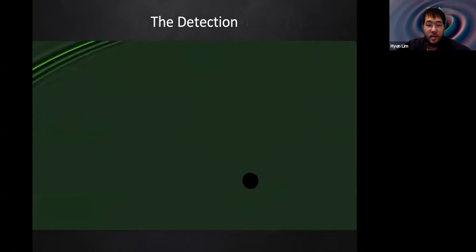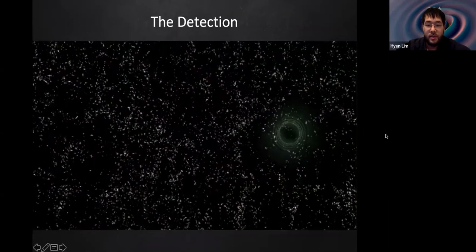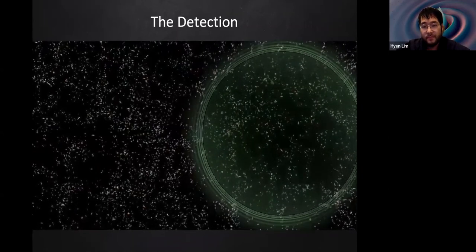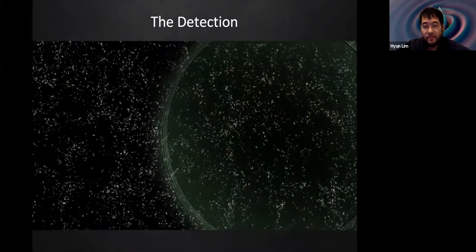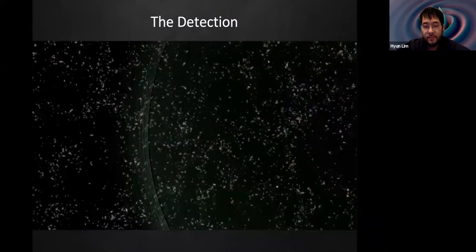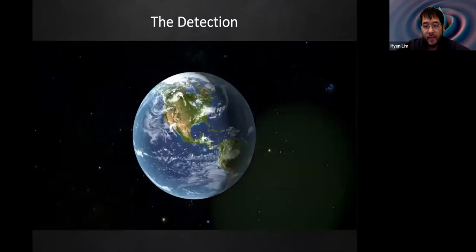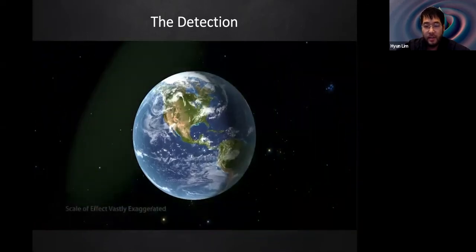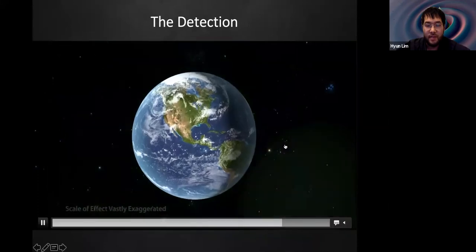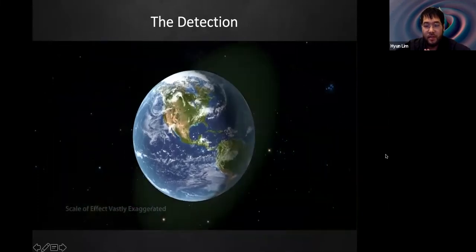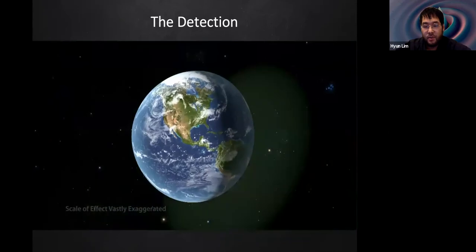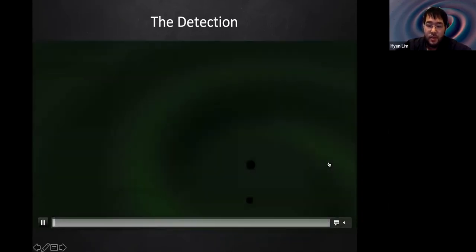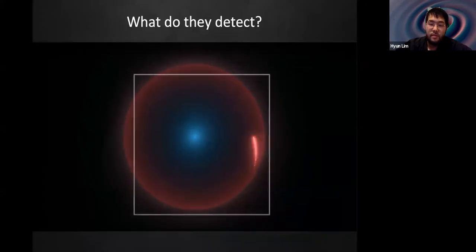The gravitational wave travels through the whole universe, and it reached the Earth. Of course, this scale effect is really exaggerated. But again, the gravitational wave is distorting space-time itself. As I showed before, this is a really small effect.